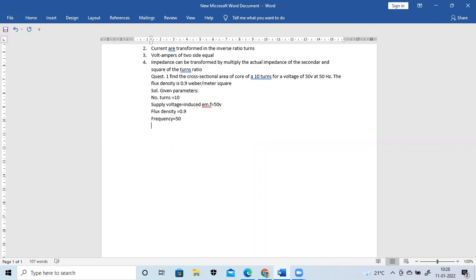Area, that is the core area, represented by capital A. Put the induced EMF equation we derived in the previous class, and find out the area, 0.025 meter square.